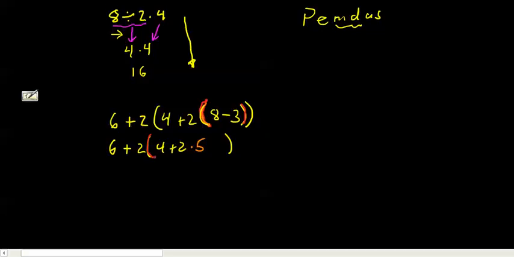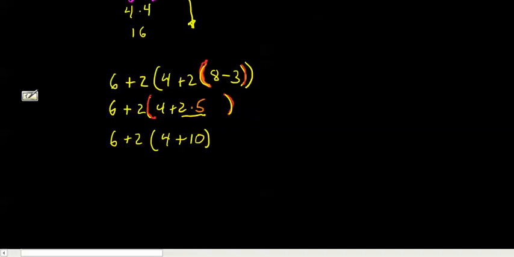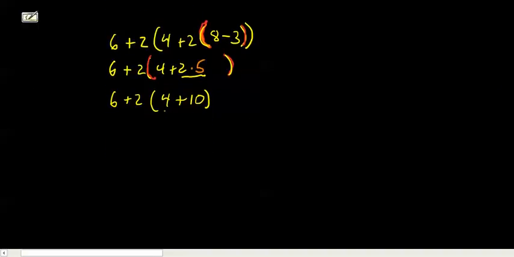Right here, I stay inside those parentheses, and I do the multiplication first. So I have 6 plus 2 times parenthesis 4 plus 10. And I still don't know what's in the parentheses. 6 plus 2 times 14.